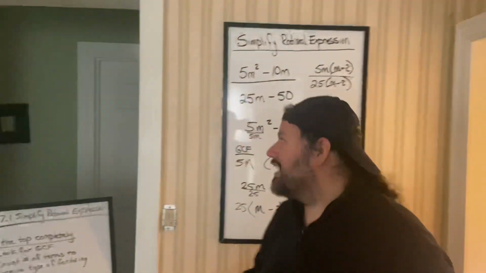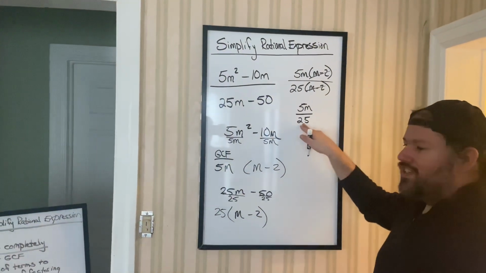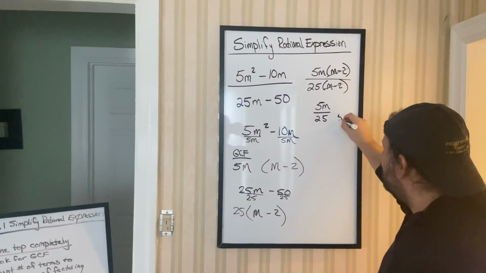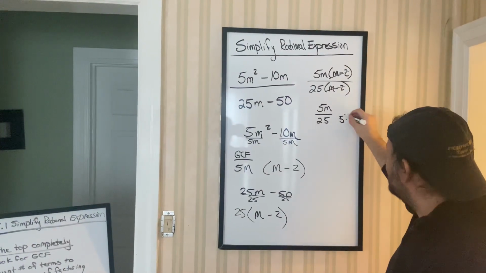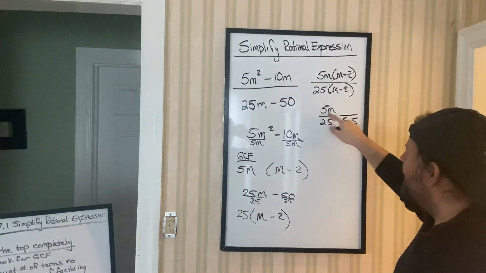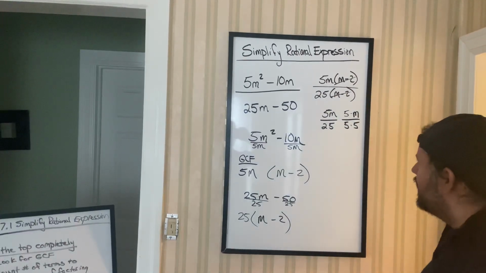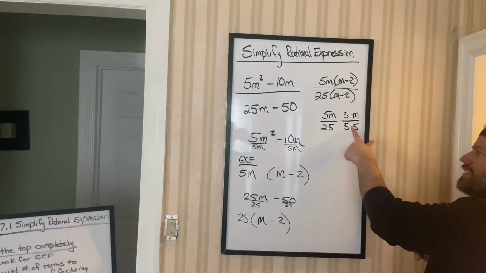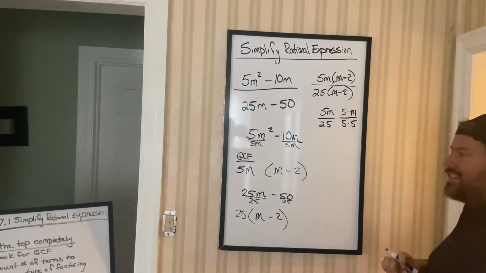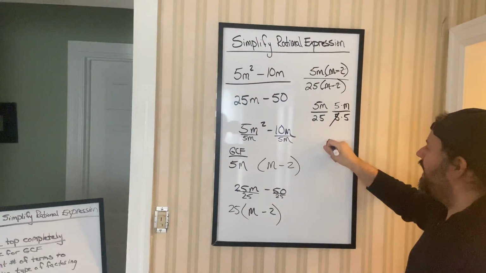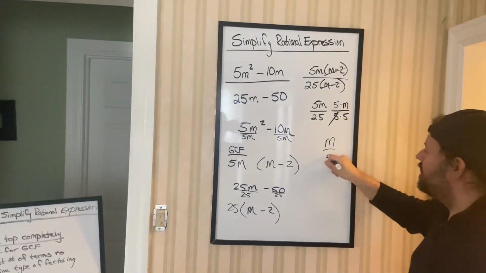So you can take this guy, 25, and break him down as 5 times 5. You can break this guy up, 5m is the same thing as 5 times m. Because this is multiplication, they're factors, you can cancel this out to say our answer is now m over 5.